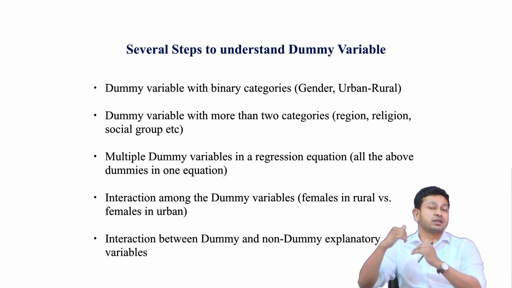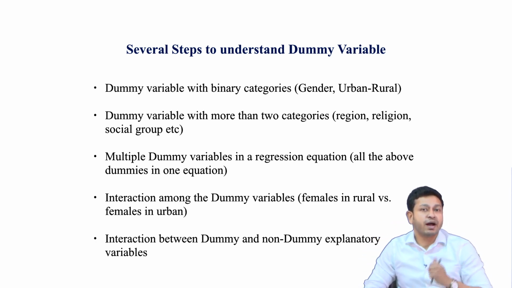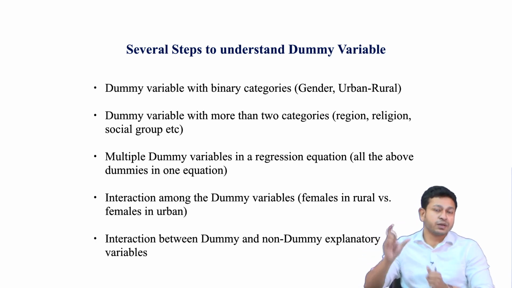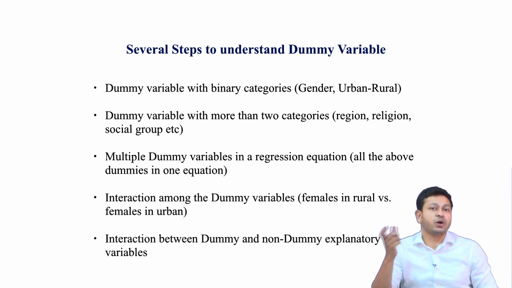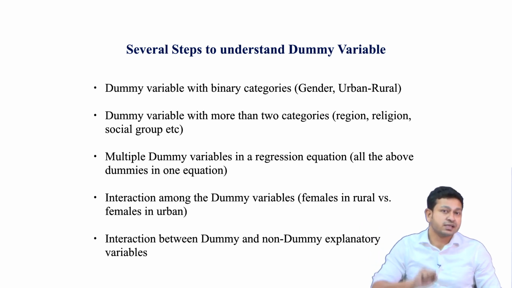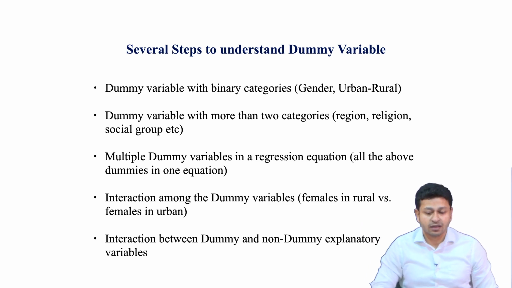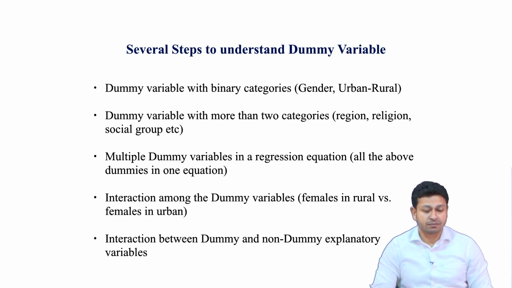So, let's say I want to understand the education of female and how that is impacting the wage. Okay. So, female education and wage. So, I'm trying to understand the joint effect of someone being female and their education and how that is influencing the wage. Okay.